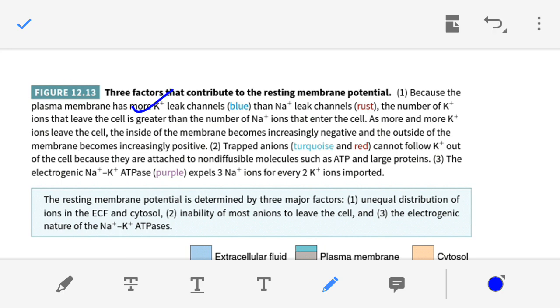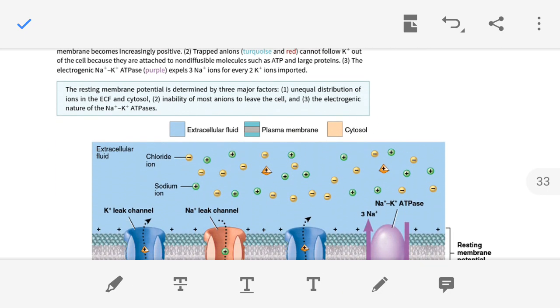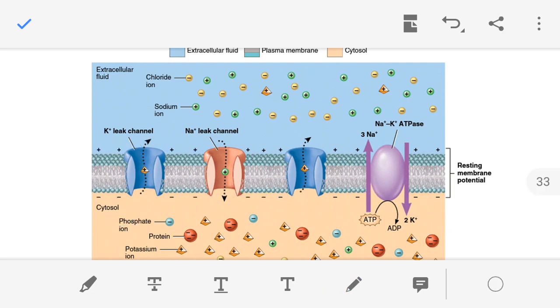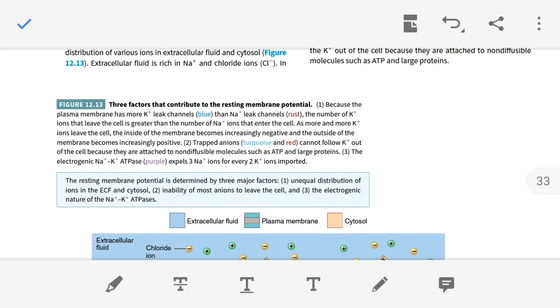As more K+ channels are present, more K+ ions leave the neuron and are expelled into the extracellular fluid. So as more K+ goes outside from the cytosol, a negative charge develops inside, and as K+ comes out, a positive charge develops on the outer surface of the plasma membrane. Okay.